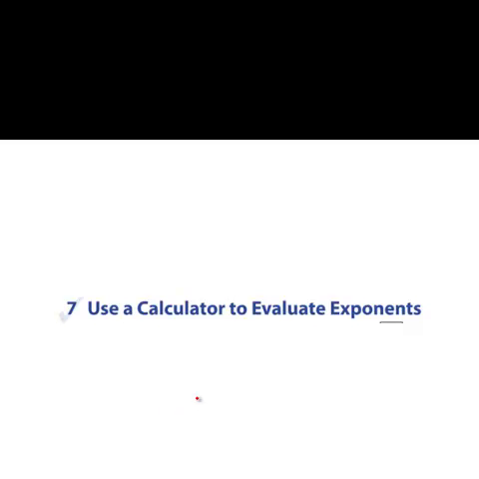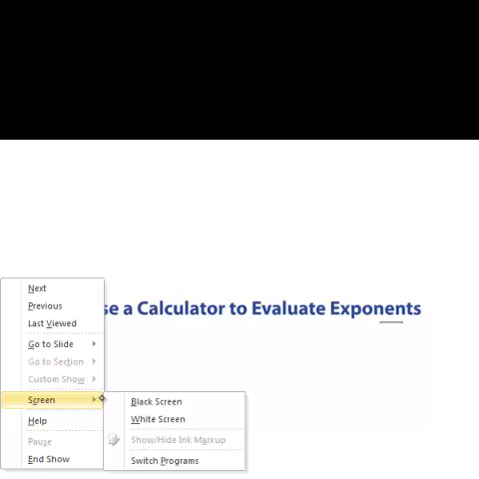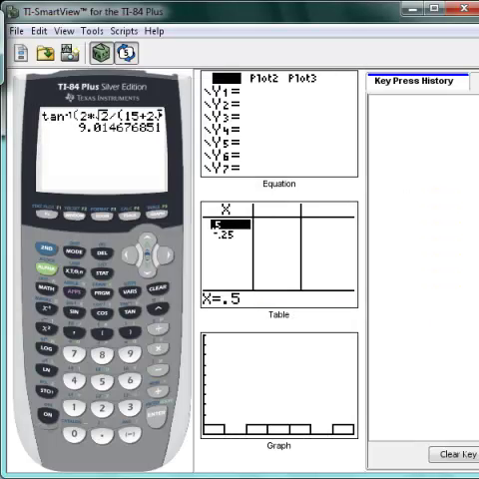Now let's talk real quick about how to use your calculator to evaluate exponents and square roots. Let me just point out that by now you should be getting a calculator if you don't have one already. I've got my TI-84 calculator here.